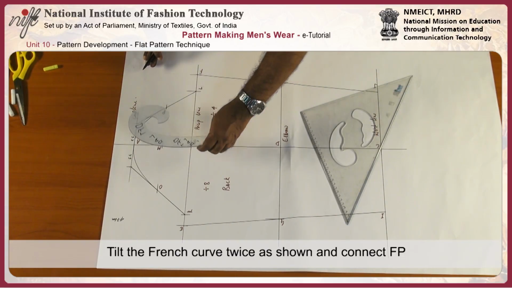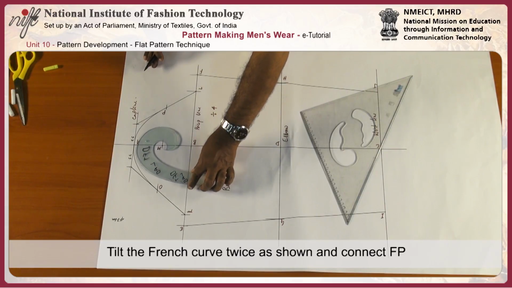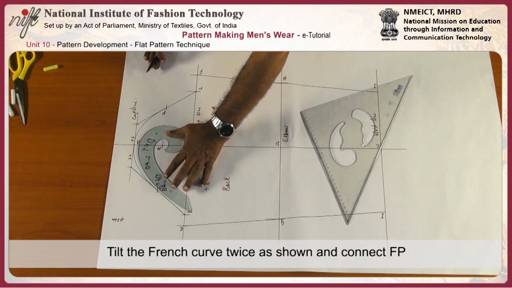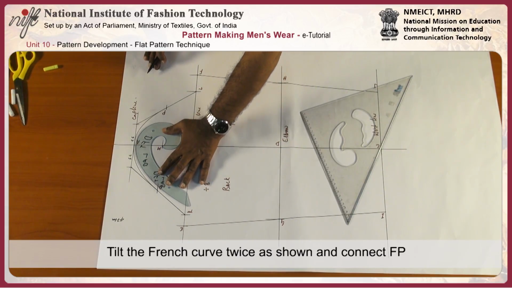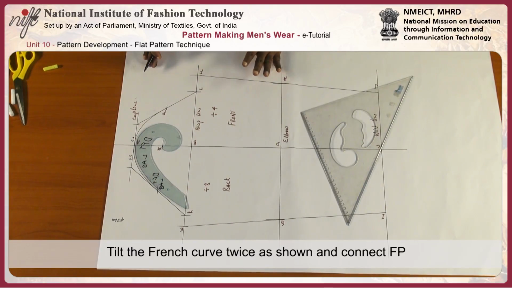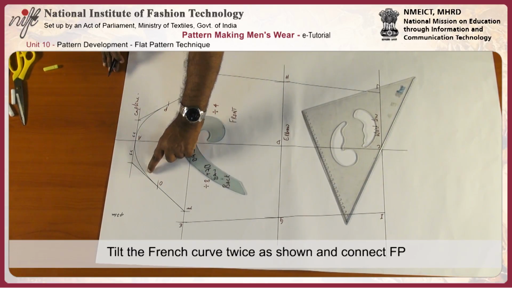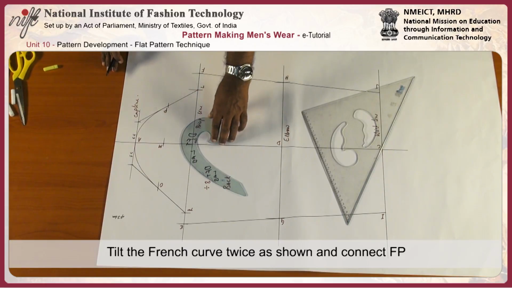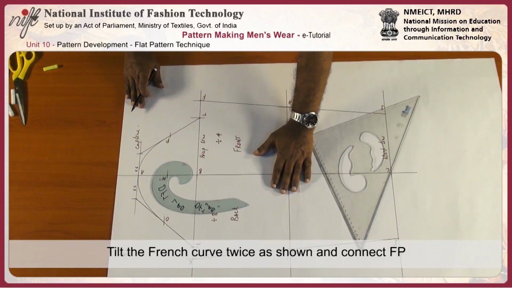Then turn the French curve to the other side and connect point A and point O. Remember, this should merge in the straight line.